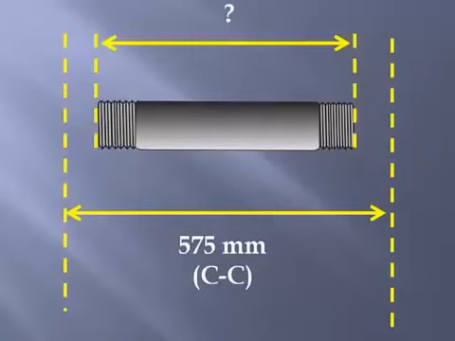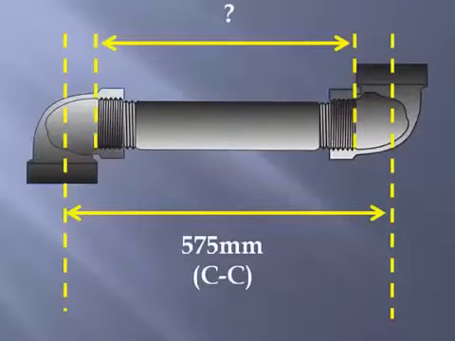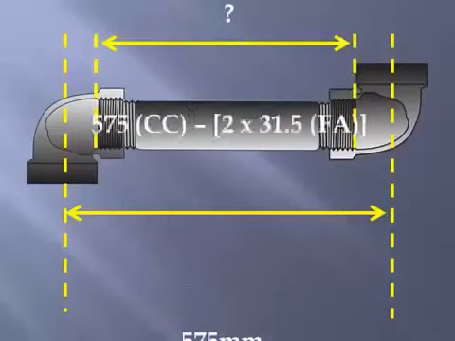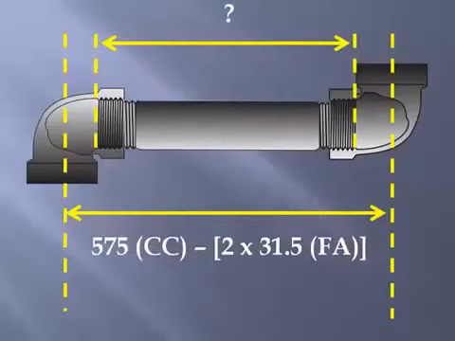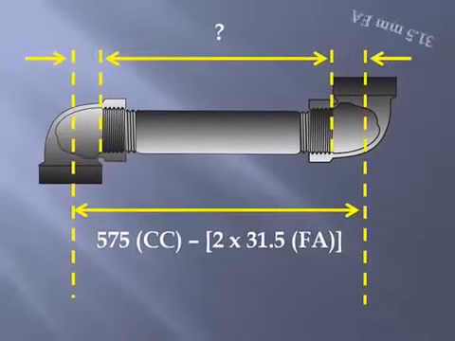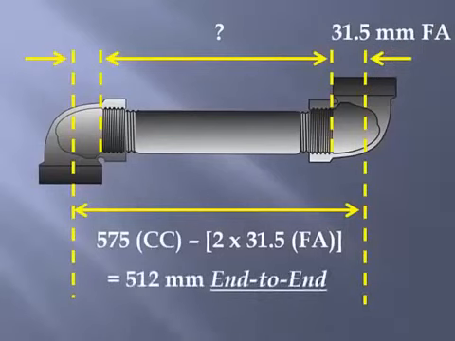Having just calculated a 31.5 millimeter fitting allowance on 40 millimeter 90s, that means we'll subtract two fitting allowances from the 575 center to center measurement. So 575 millimeters minus 63 millimeters, remember we have a fitting allowance at each fitting, would result in a 512 millimeter end-to-end measurement.